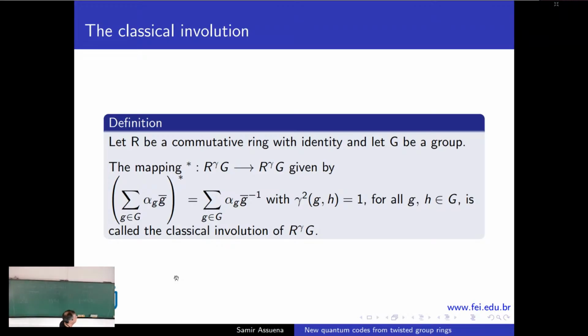But we have to put this extra condition to obtain an involution, and this mapping is called the classical involution. Okay? Well, this condition seems to be a little bit restrictive, but we are going to see that in our case it is just what we need. Okay?